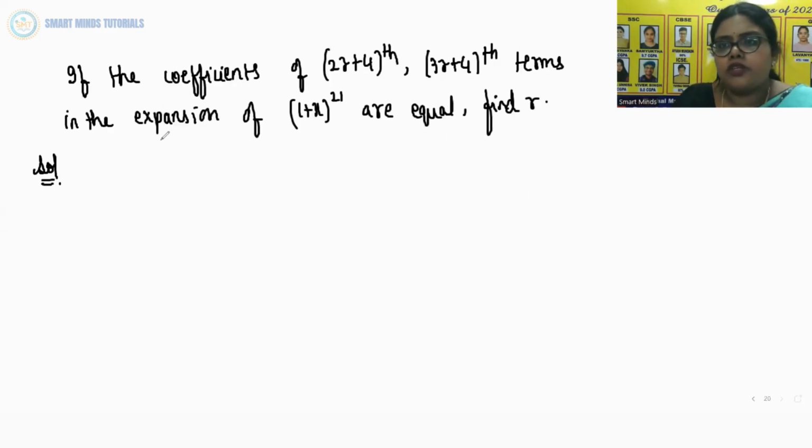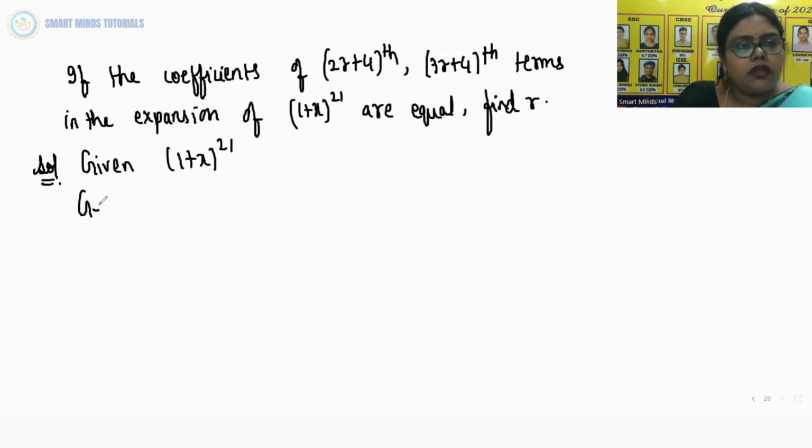Now take this question. This is also important. If the coefficients of (2r plus 4)th and (3r plus 4)th terms in the expansion of (1 plus x) whole power 21 are equal, then find r. So first what is given to us? (1 plus x) whole power 21 is given. Now what is the general term?